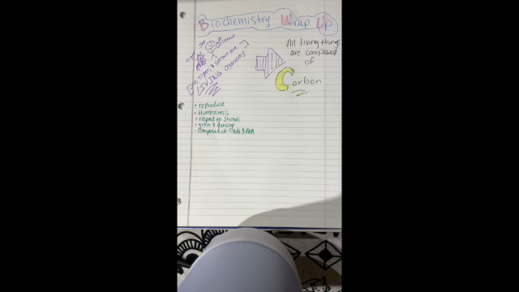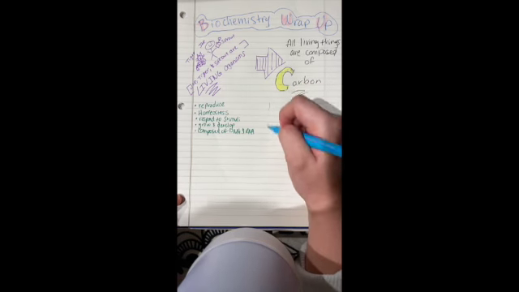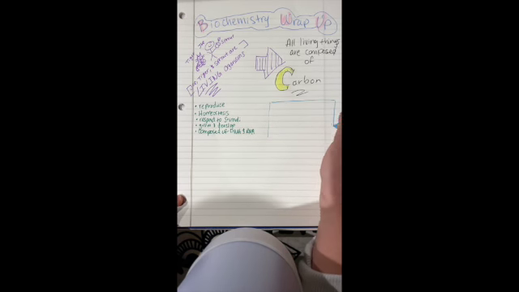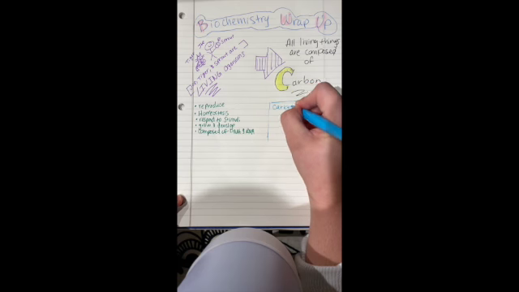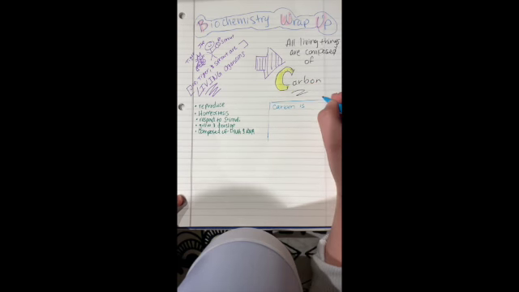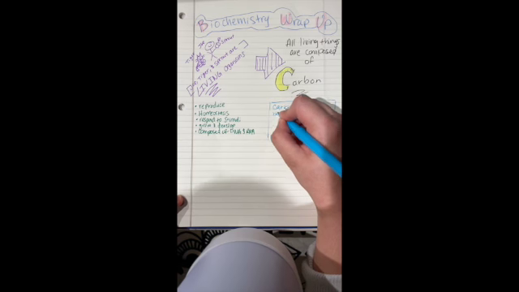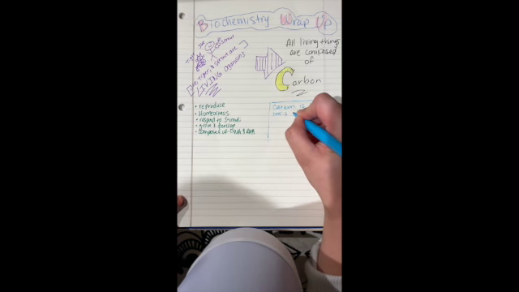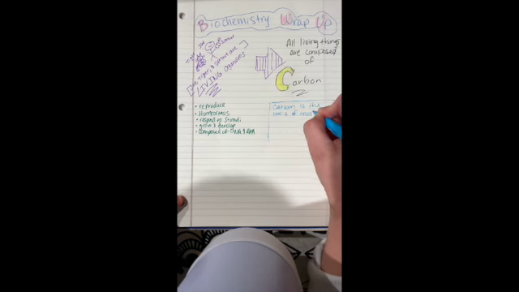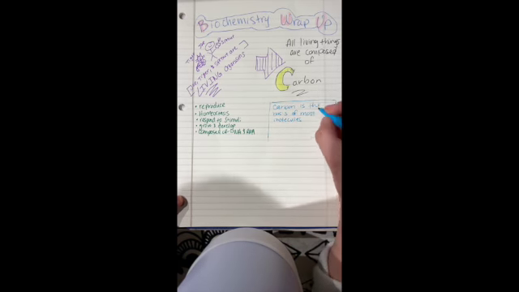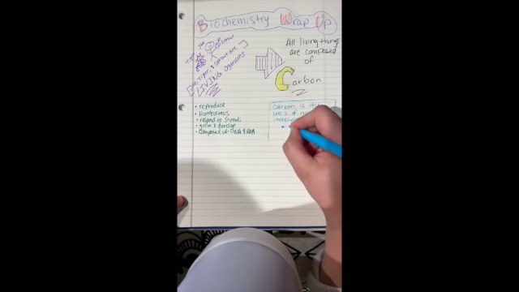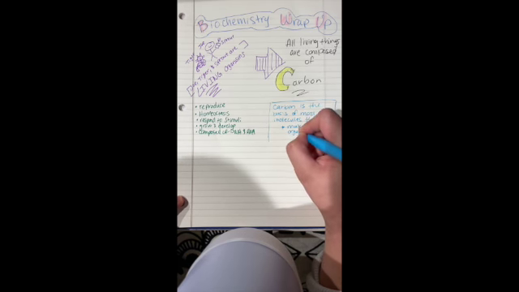And actually I'm going to write here because this is important. Put a little box or begin a box. That carbon is the basis of most molecules that make up organisms.